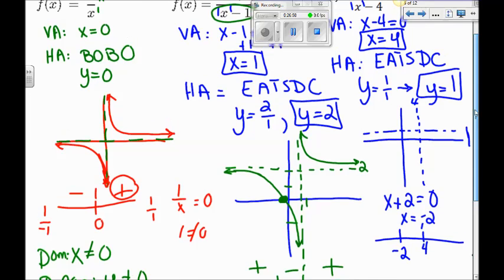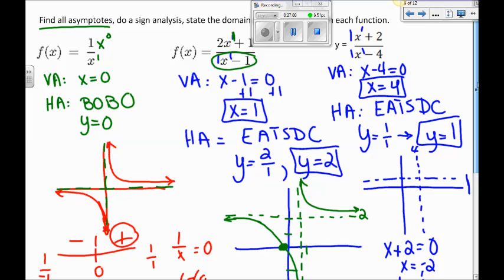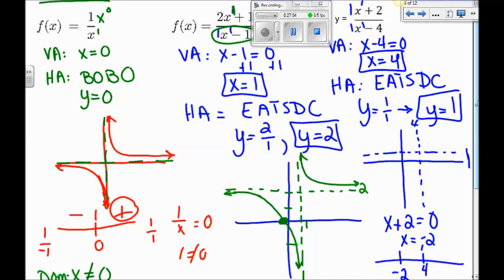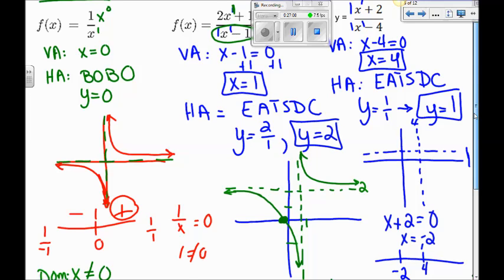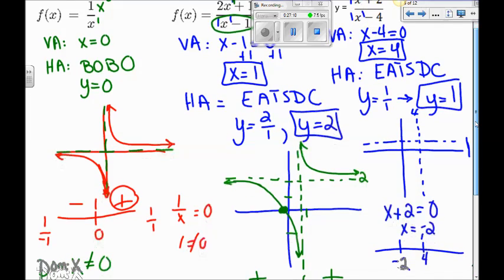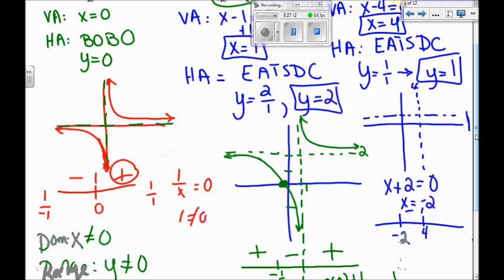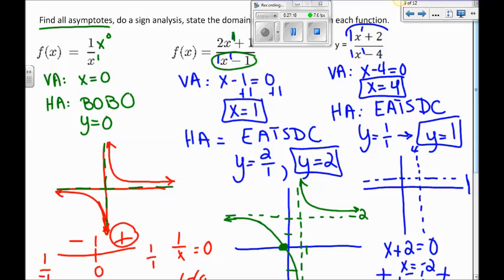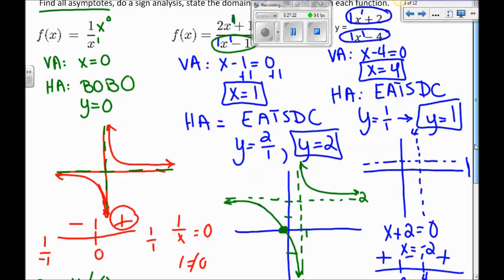Then we'll do sign analysis of this function. So we'll plug in a number between -2 and 4. If we plug in 0, we have 0 plus 2 over 0 minus 4, which is going to give us a negative number. And we know this is going to alternate because our zero is to an odd power, and our vertical asymptote is to an odd power.